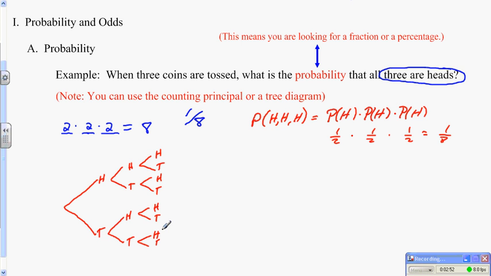And then you can see actually what they all are. In this case, it's heads, heads, heads. In this case, it's heads, heads, tails, etc. Oops, that should be a heads. And this is the only one that satisfies what we're looking for. So 3 different ways to find out the probability of 3 heads.